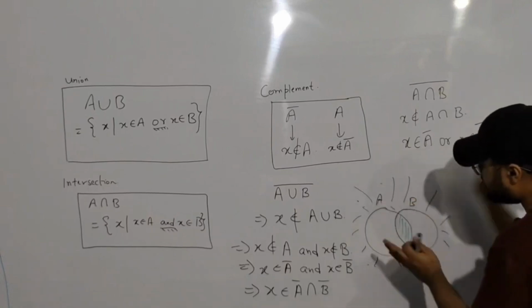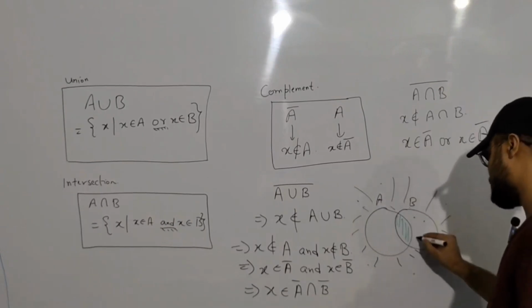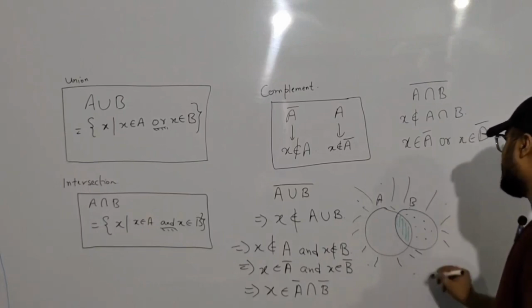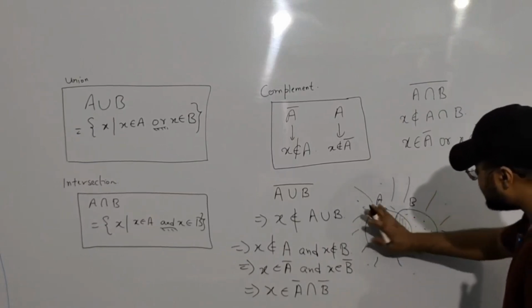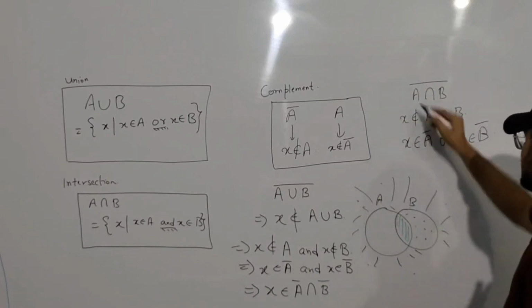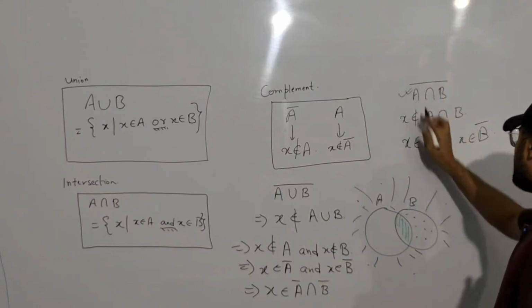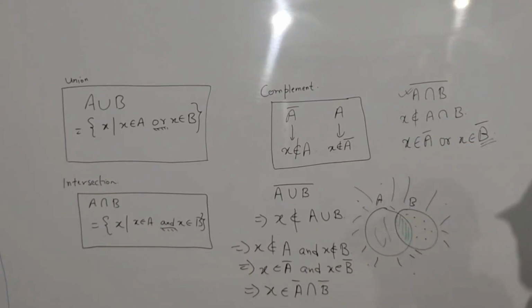A complement will take everything apart from A, so it may include B, but the regions exclusive to B. A complement does not include this region, which has to be in it, so B complement includes those regions. Got it?